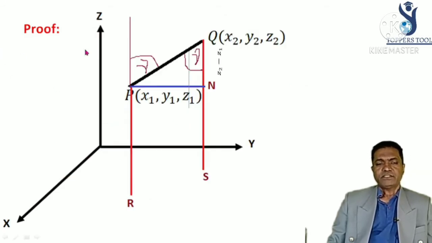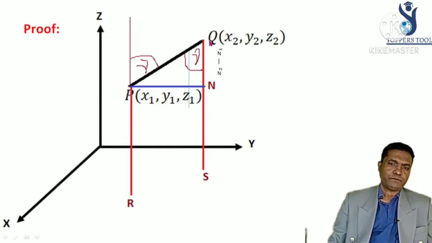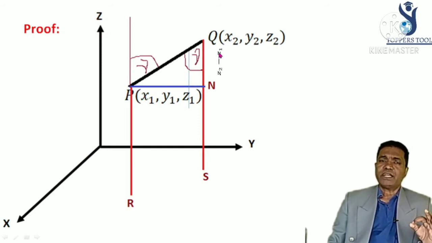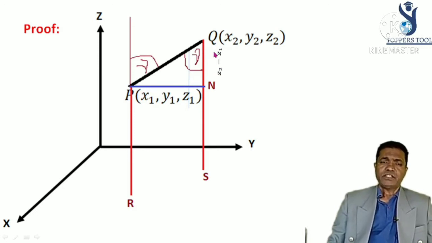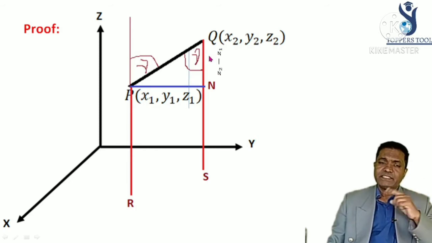Okay. So consider a line passing through 2 points P and Q and assume that the line is making angles alpha, beta, gamma with the x, y, z axes. Where gamma is the angle between the z axis and the line.